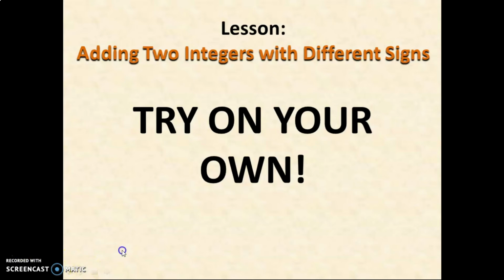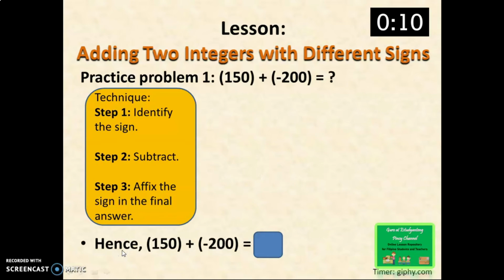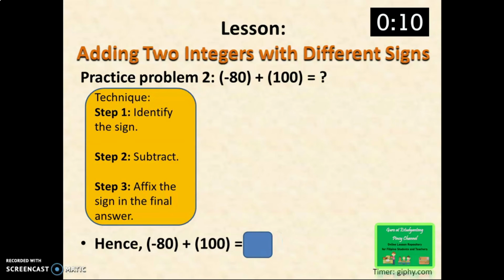Okay, let's try on your own this time. Let's have practice problem 1. 150 plus negative 200. Step 1, identify the sign. Then step 2, subtract. Then step 3, affix the sign in the final answer, or just combine step 1 and step 2. So the final answer is negative 50. Next, practice problem 2, negative 80 plus 100.